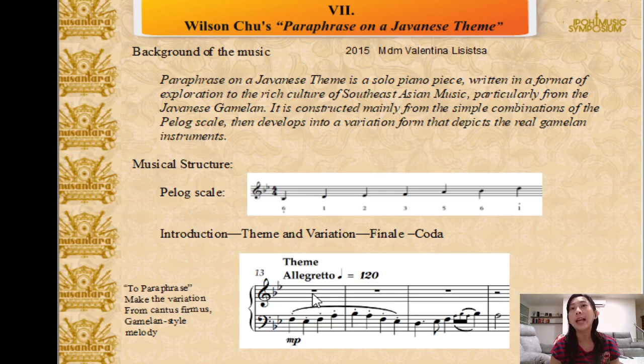So in this context, paraphrase in this music means Wilson Chu is using the cantus firmus melody from the Pelog scale, and he used this melody and built the variations from it. The diagram here shows the theme used by Wilson.